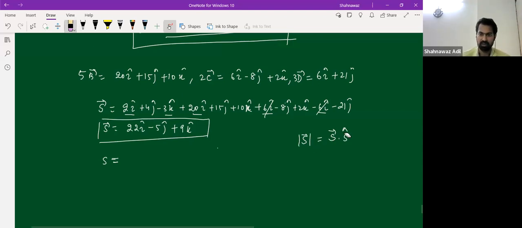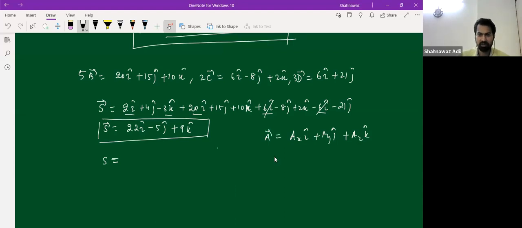No worries. So if you have this vector with an X component along I, a Y component along J, and a Z component, let's say this is the vector.